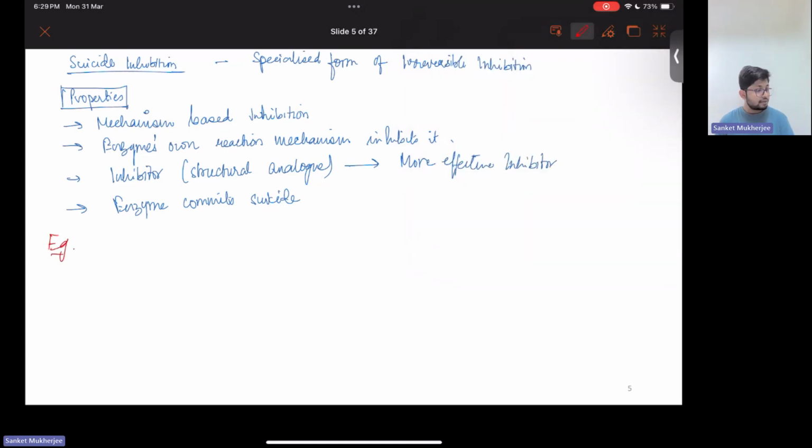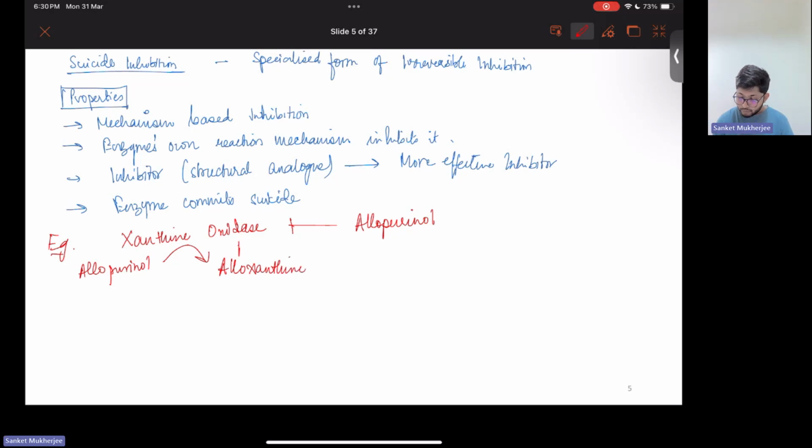So if we look at some examples, xanthine oxidase is inhibited by allopurinol. So what happens? Allopurinol is converted due to xanthine oxidase into alloxanthine.